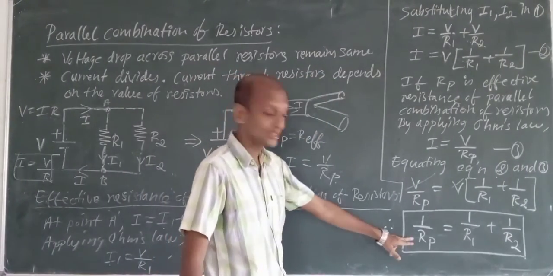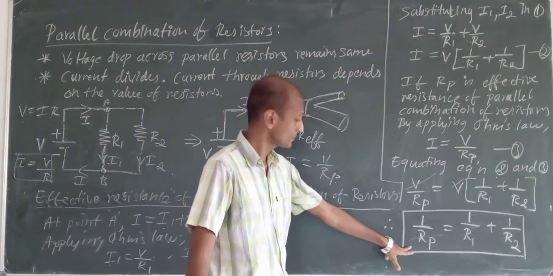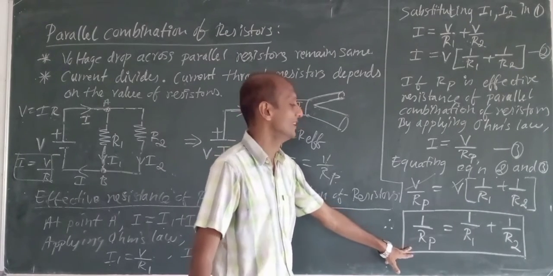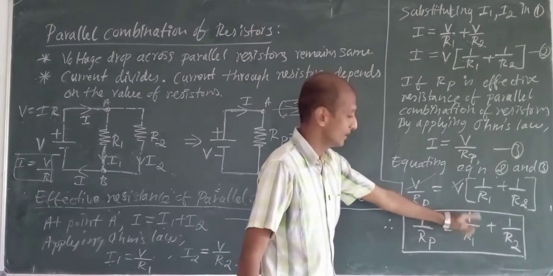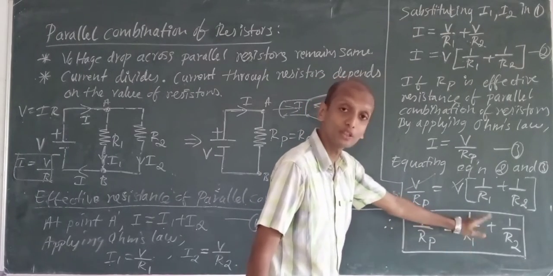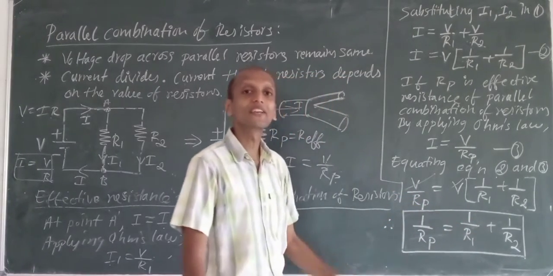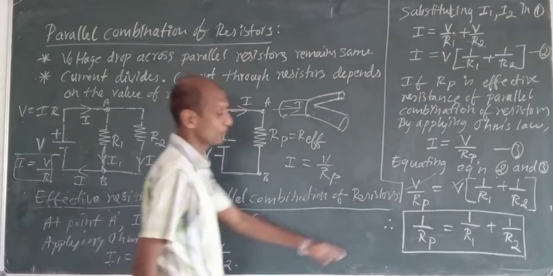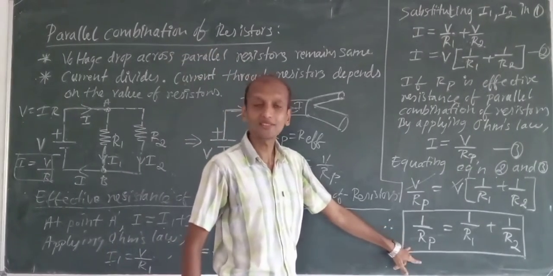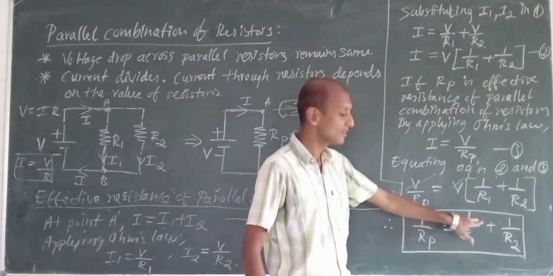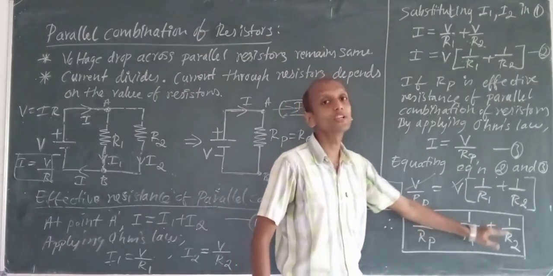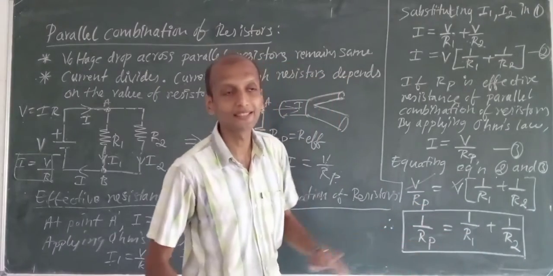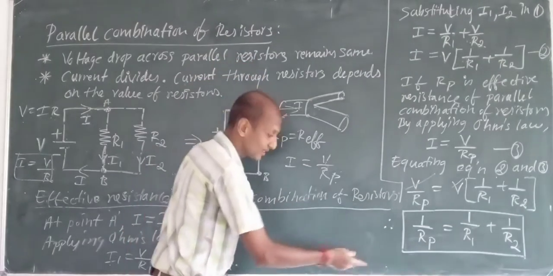So the reciprocal of the parallel combination of resistances will be equal to the sum of reciprocals of individual resistances. We can say it like that.